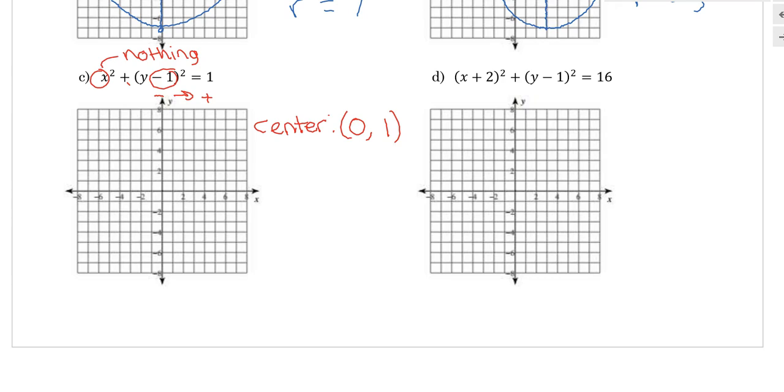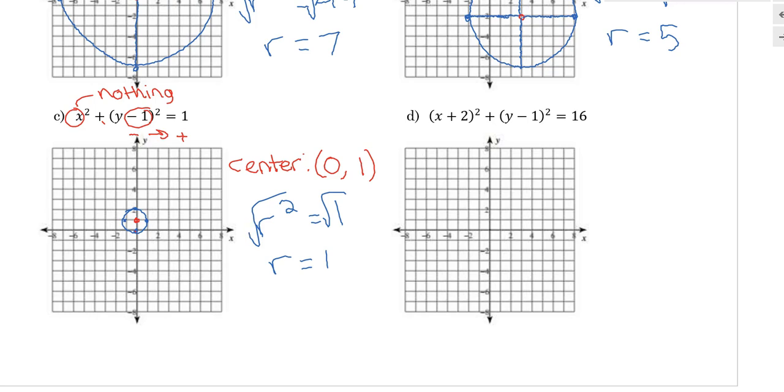So 0, up 1. Y goes up. Then my radius, r squared equals 1. So the square root, r equals 1. So 1 in each direction.